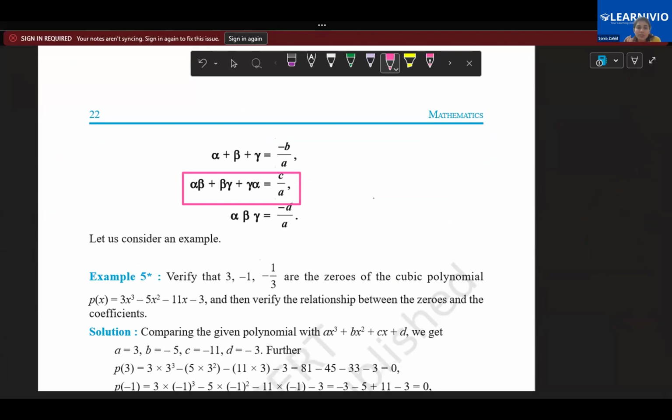Gamma is nothing but the third zero. Alpha plus beta plus gamma is minus b by a. Alpha into beta into gamma is minus d by a. These two formulas I made you learn. The third formula, you just remember: what is remaining is c, so it's c by a for alpha beta plus beta gamma plus gamma alpha.